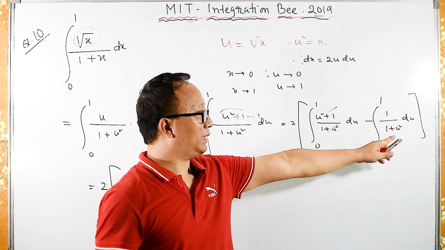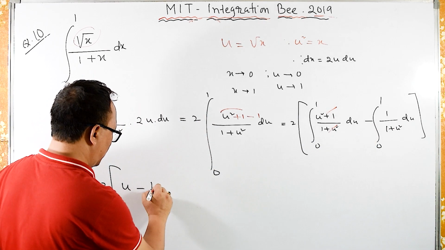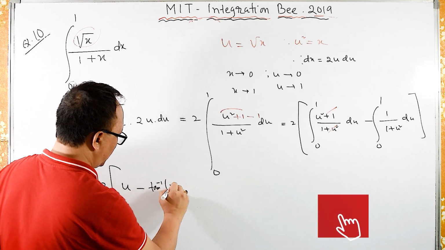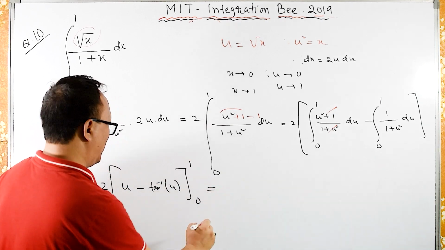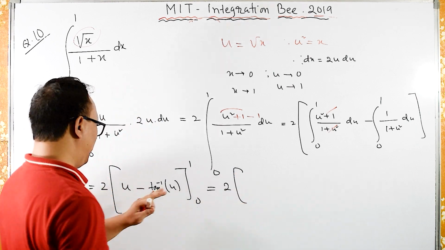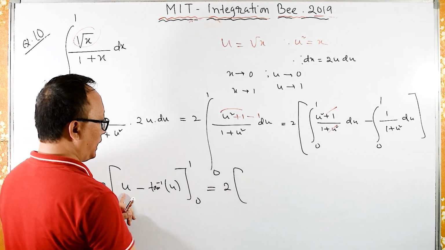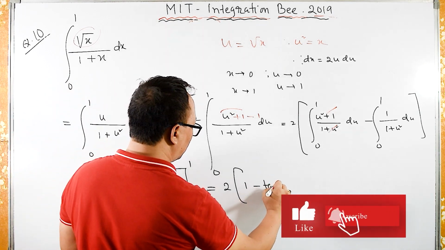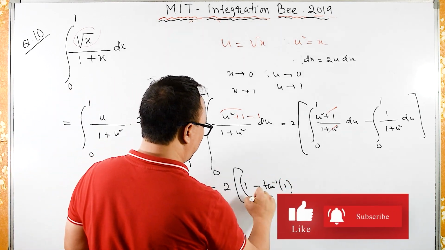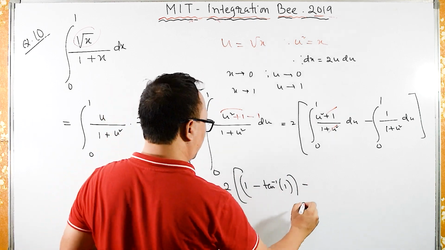the integral of this, which is tan inverse u, and the limit is from 0 to 1, equals twice upper limit minus lower limit. Instead of u, write 1 minus tan inverse 1. This is upper limit minus lower limit, which means 0.